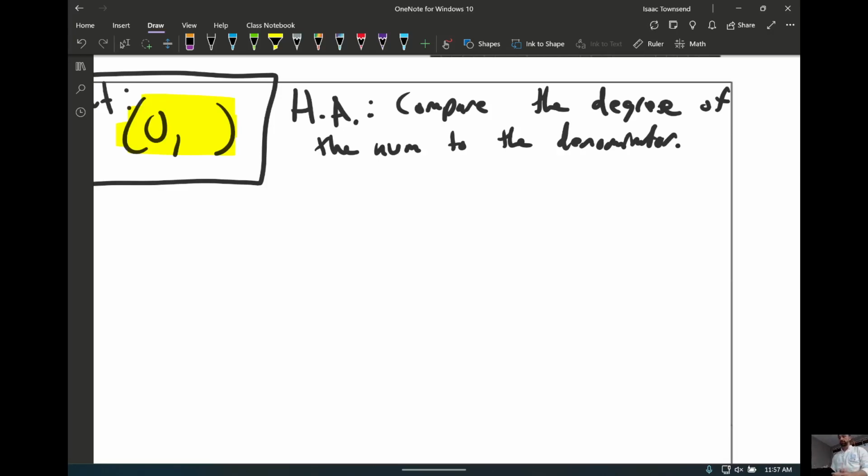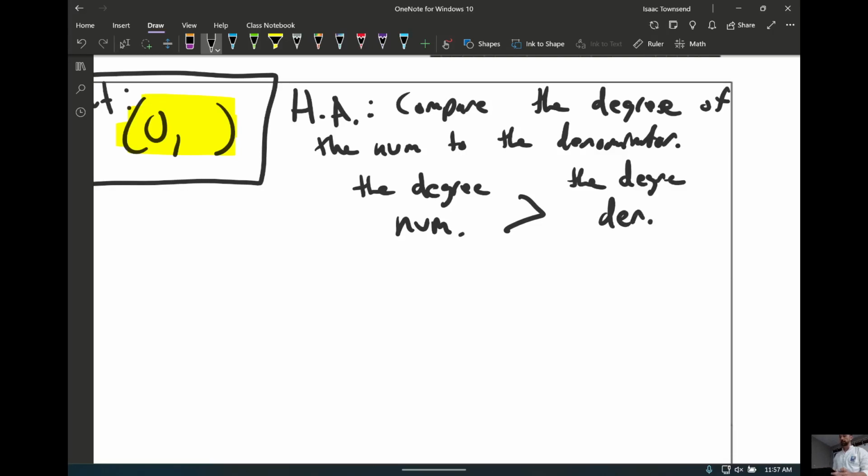We could have the degree of the numerator bigger than the degree of the denominator, or the degree of the denominator could be bigger, or the degrees could be equal.